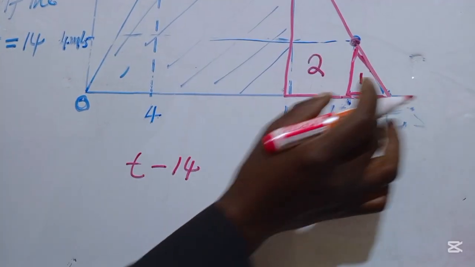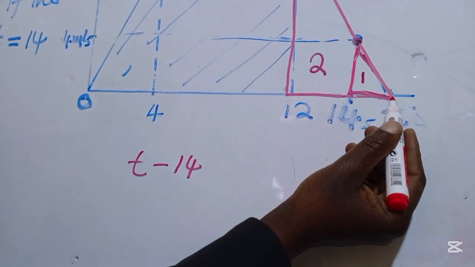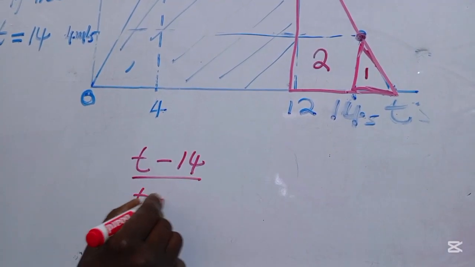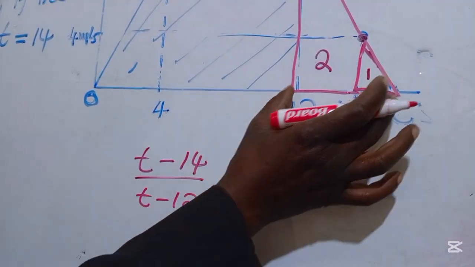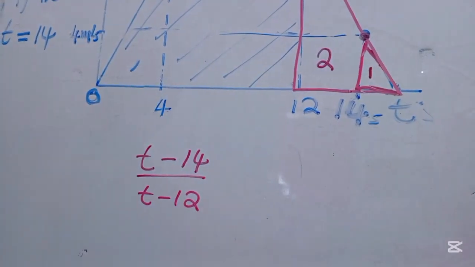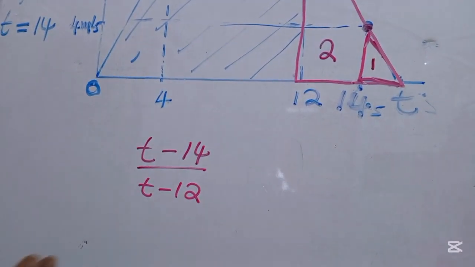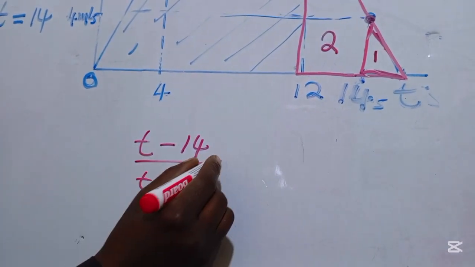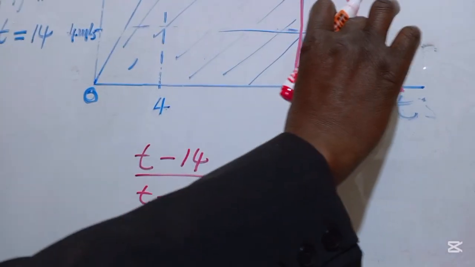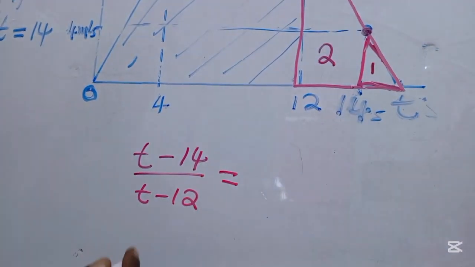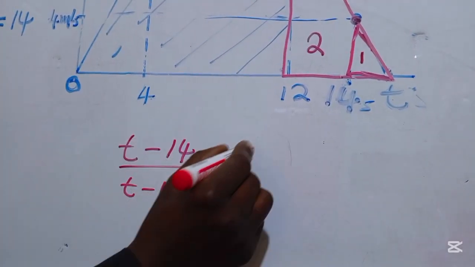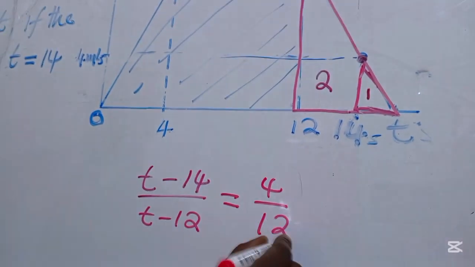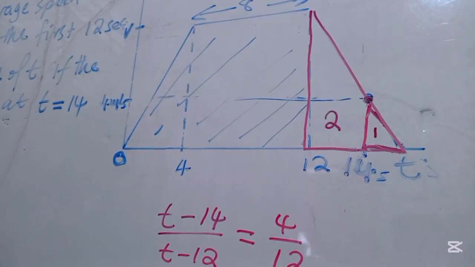It corresponds with t minus 12 on the bigger one, because these are corresponding sides. So the smaller t over the bigger one equals the base of the smaller triangle, which is 4, over the big base, which is 12. Remember, we found the 12, which was our v.